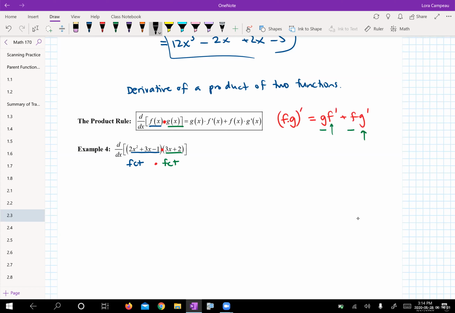And when you run into that case, what you want to pay attention to is let's label who our F is and who our G is. And we do this with just understanding that whoever you see first is F, whoever you see second is G. So don't switch it around, just kind of keep that same sort of format.